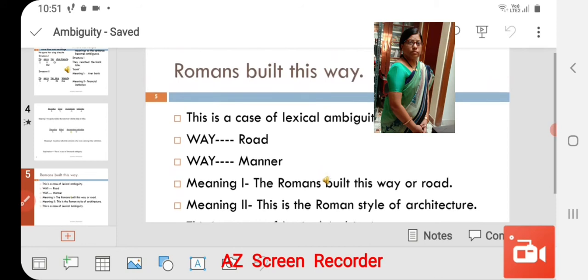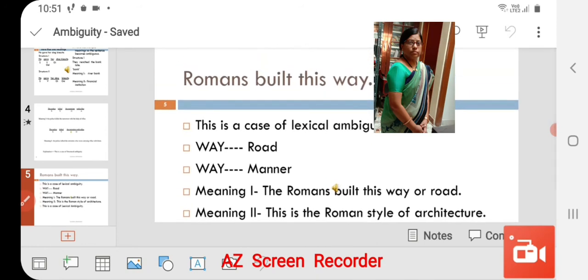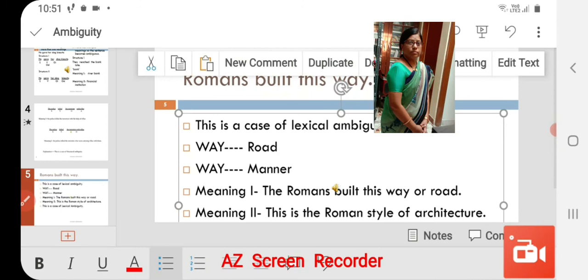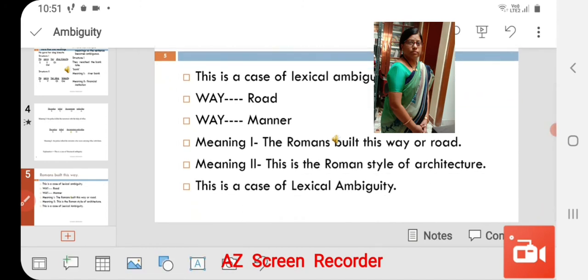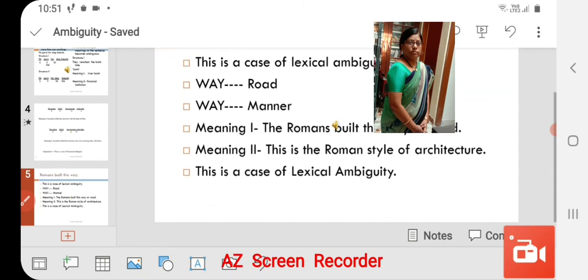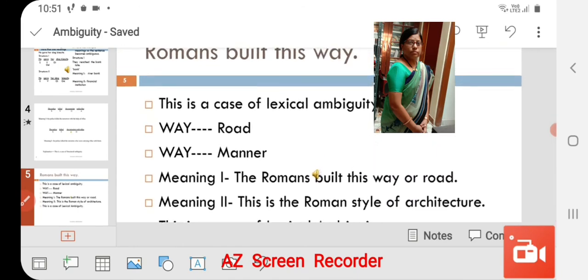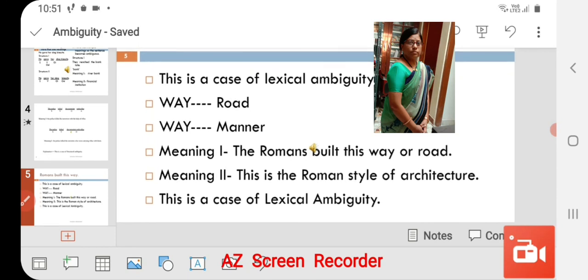Romans built this way. आता याचा अर्थ, now this in this sentence this is a case of lexical ambiguity, कारण की वे जो शब्द आहे तो ambiguous आहे. कसा? याचा पहिला अर्थ रोड होतो, रस्ता, आणि दुसरा अर्थ वेचा होतो मॅनर, पद्धत. म्हणजे मीनिंग वन काय असू शकते? द रोमन्स बिल्ट दिस वे ऑर रोड. हा जो रस्ता आहे, हा मार्ग जो आहे तो रोमन लोकांनी बांधला.